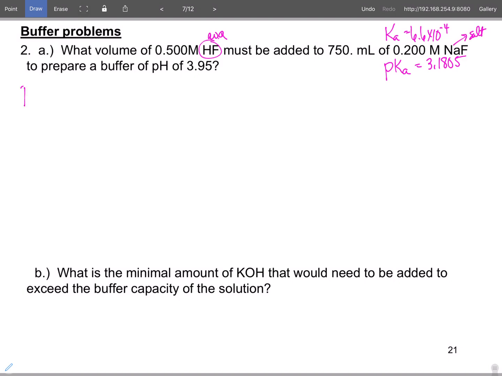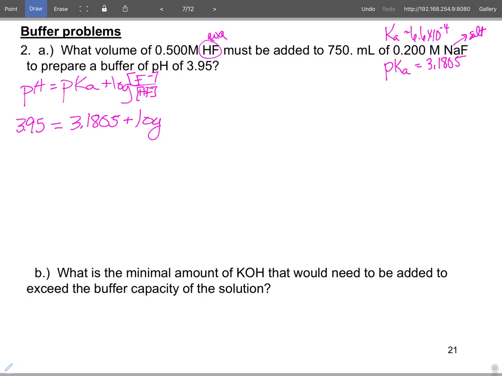So, again, pH is equal to pKa plus the log of, in this case, F minus over HF. And we plug in what we know. We know we need a pH of 3.95, where pKa is 3.1805, and we're doing the log of the F minus over the HF.